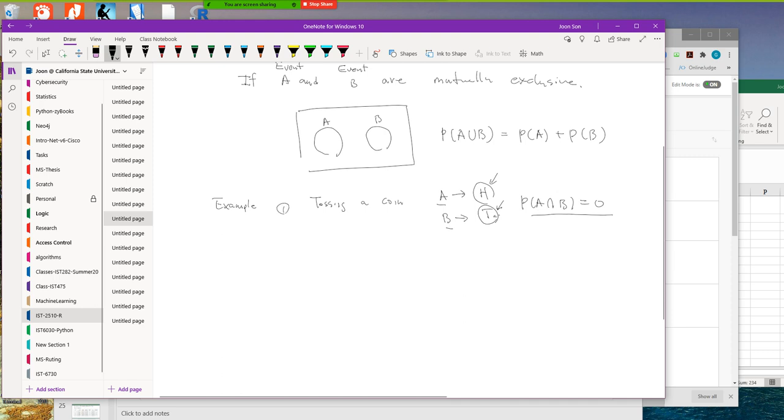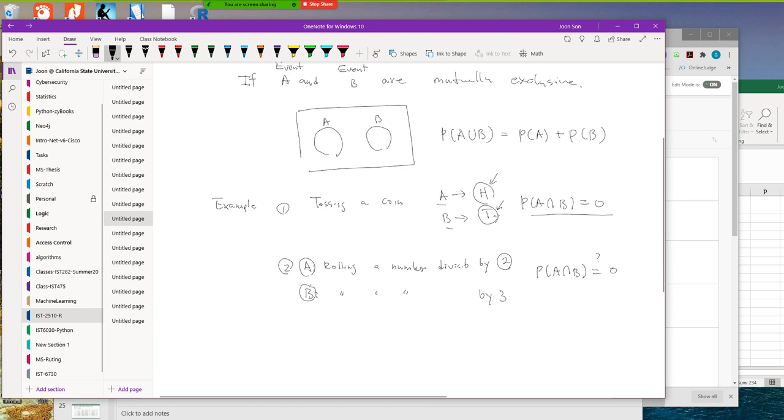And another example is rolling a die. Let's say rolling a number divisible by 2, that's event A. And event B is rolling a number divisible by, let's say, 3. So we have event A and event B. Here's my question: is P(A and B) 0 or not?